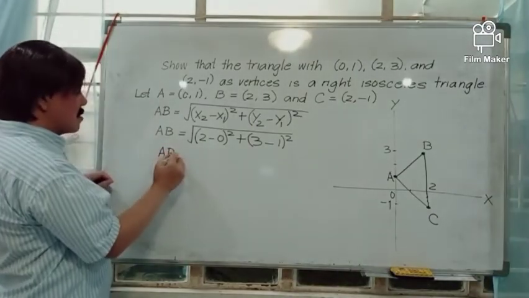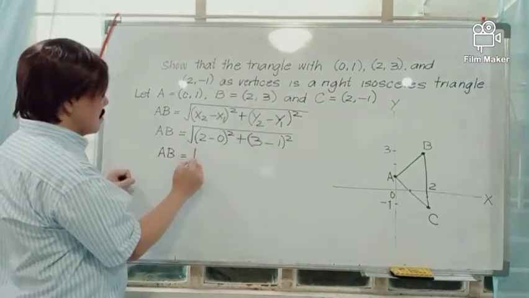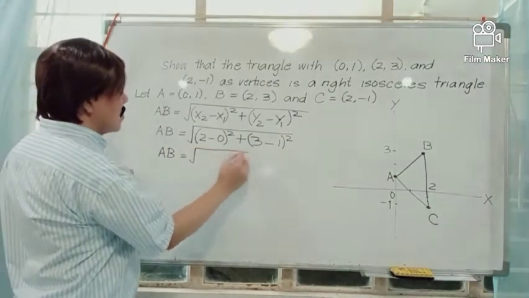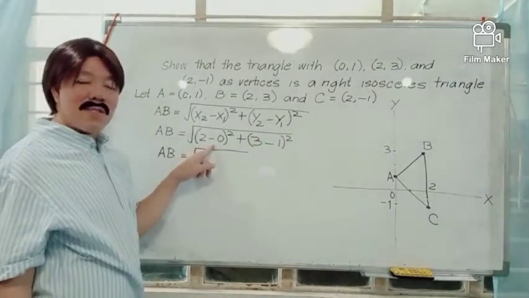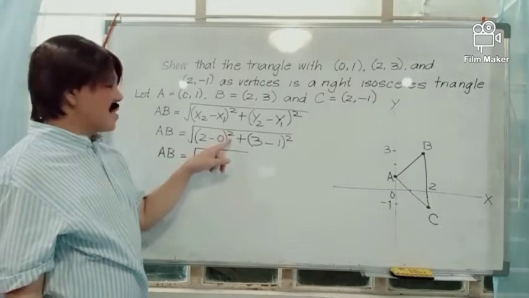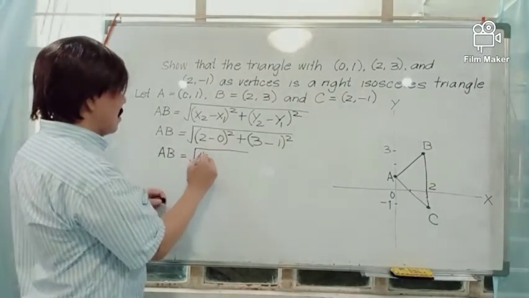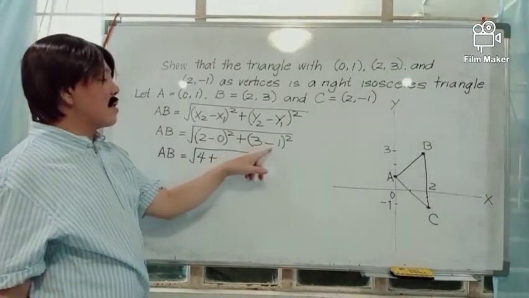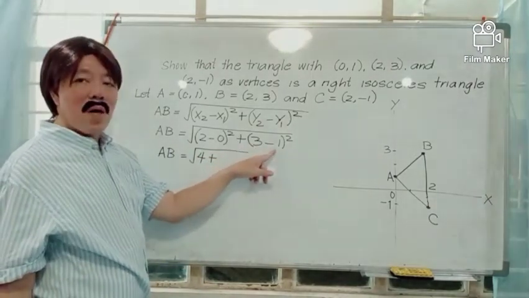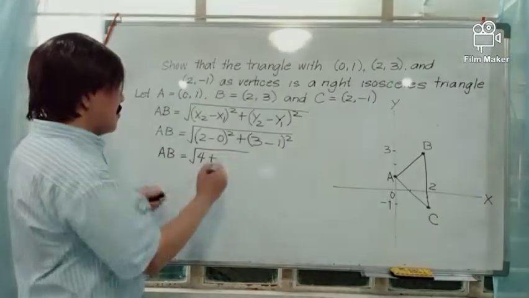This side through the vertices A and B has a length equal to the principal root of 2 minus 0 is 2, and the square of 2 is 4, plus 3 minus 1 is 2, and the square of 2 is 4.